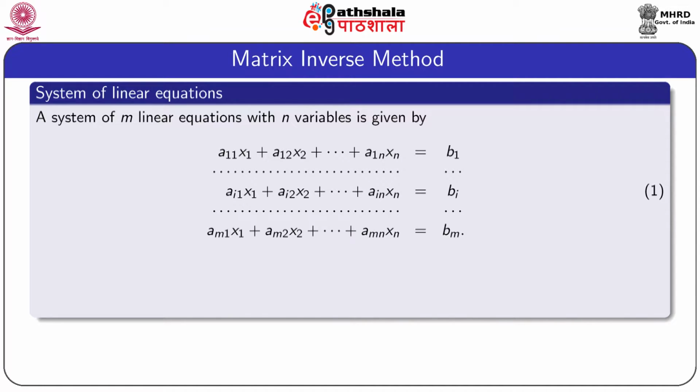This is a system of linear equations, and note that the power, that means the exponent, of the variables x1, x2 up to xn is 1. That is why this system of equations is called linear equations.